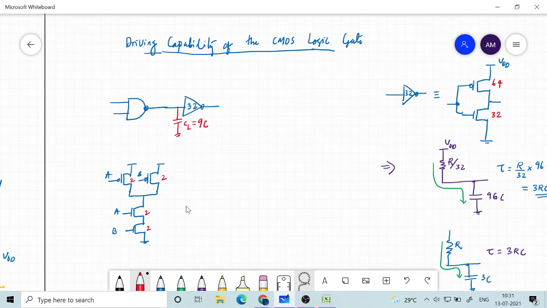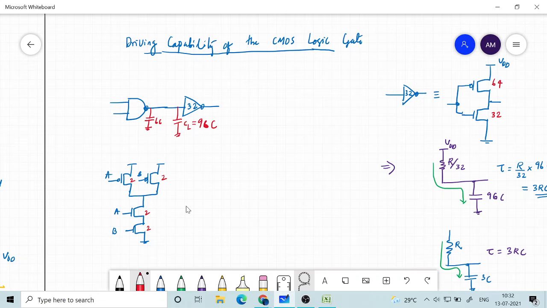If I look at the parasitic capacitance, the load is 96C, and the parasitic capacitance of this unit NAND gate is 6C. So the parasitic capacitance here is 6C.